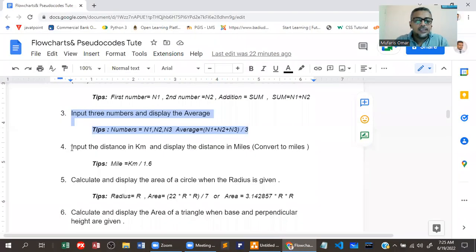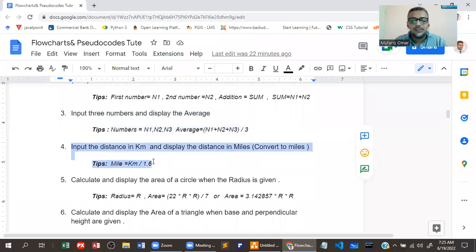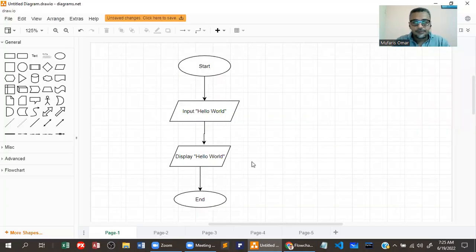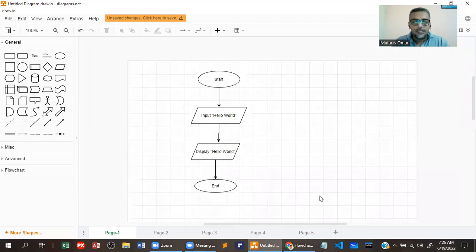Okay, input the distance in kilometer and display the distance in miles. You have to convert this, right? Okay, next question. Wait, I will copy down the questions here.